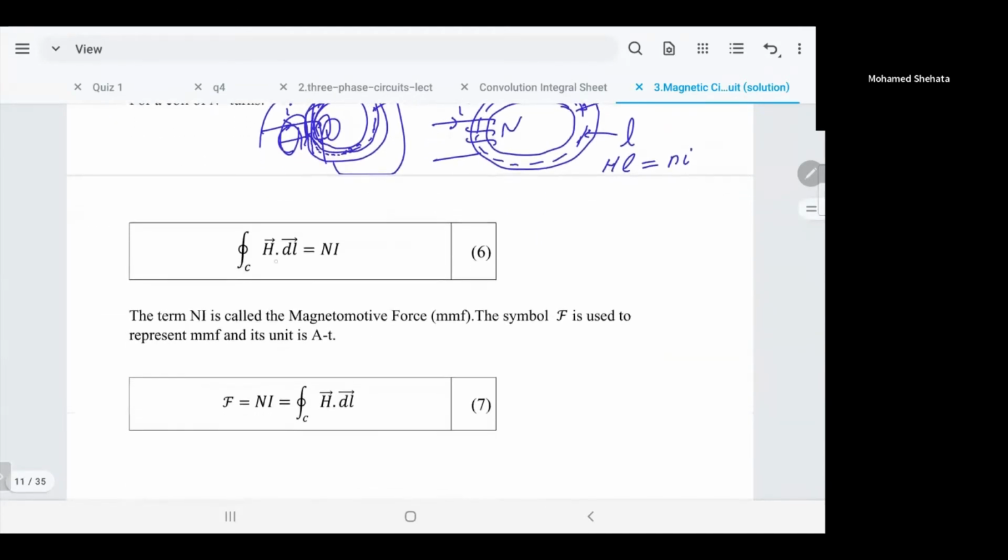I brought this formula here with a closed integral because the path has to be closed. All the lines of magnetic field are closed. If you remember, even with a natural magnet, north and south, the lines come around like that. It's always closed, opposite to the electric field.